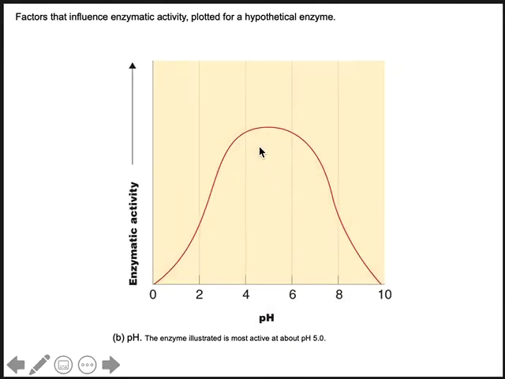Okay, now we have optimal pH example where if you're between pH 4 and pH 6, for this enzyme, every enzyme will be different, but for this enzyme, pH 4 and pH 6 are good. That's acidic, so you could probably guess that this enzyme is probably something that's working in the stomach, right? Where it's very acidic.